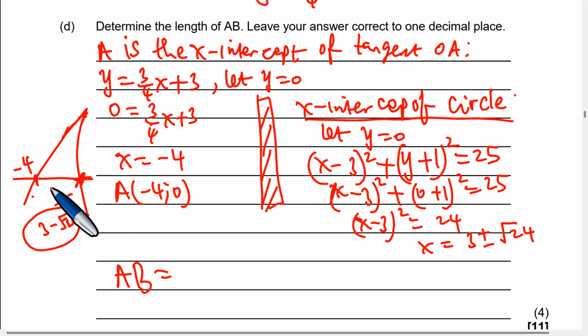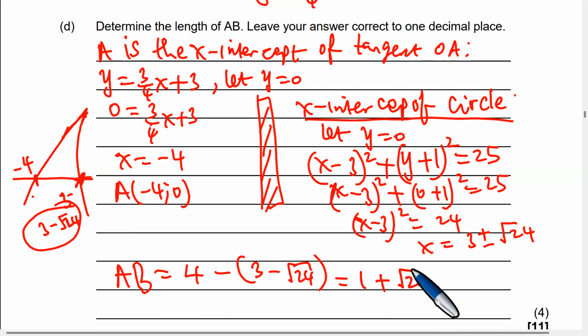So to subtract this one here, how to subtract these two numbers that are both negative? One way is to say 4 minus 3. And 4 minus 3 is what? Is 1. Okay, you might need to take the modulus of this as well.